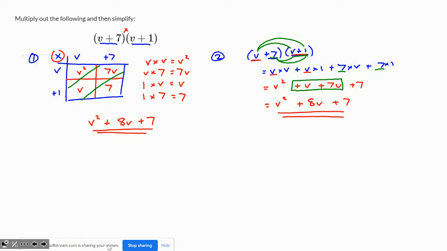Or you might draw like that kind of half moon shape, or you may even like doing a kind of shape like this, or other way around. Either way, there's lots of different ways of remembering this, but the most efficient ways of solving this are to recognize that we are doing every term in the first bracket multiplied by every term in the second bracket.